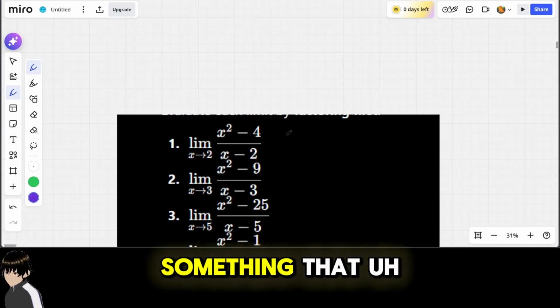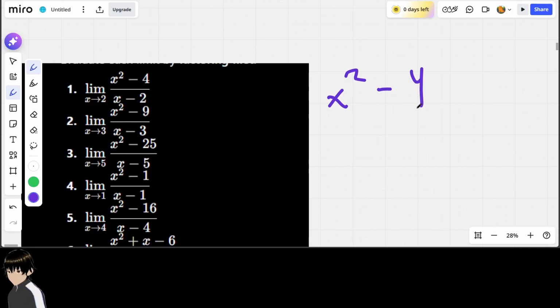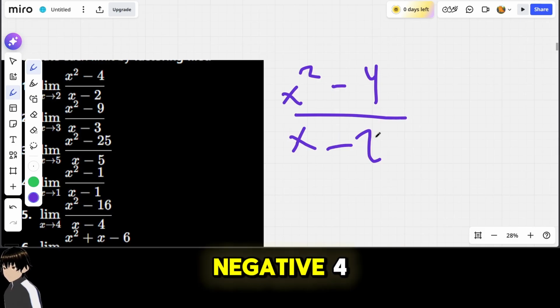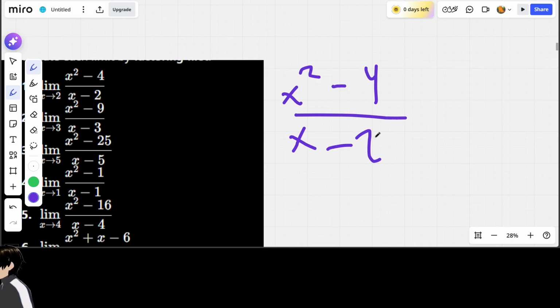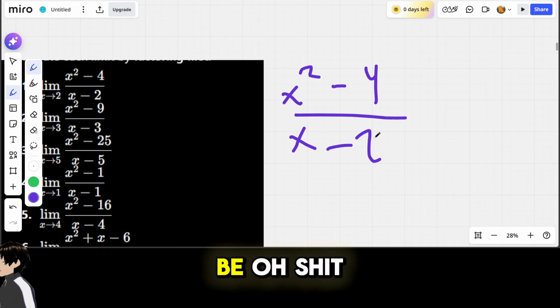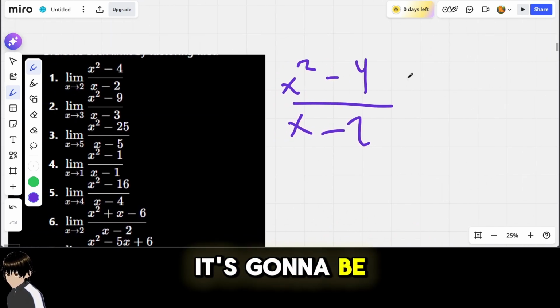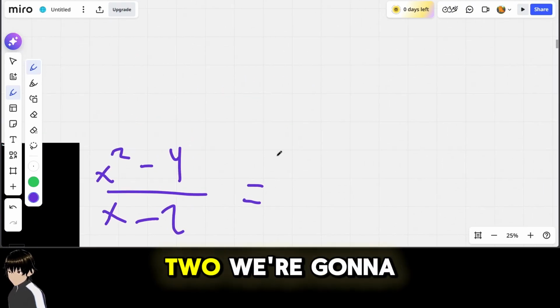We're trying to find two numbers that multiply to negative 4. What are the two numbers that multiply to negative 4? It's going to be positive 2 and negative 2.